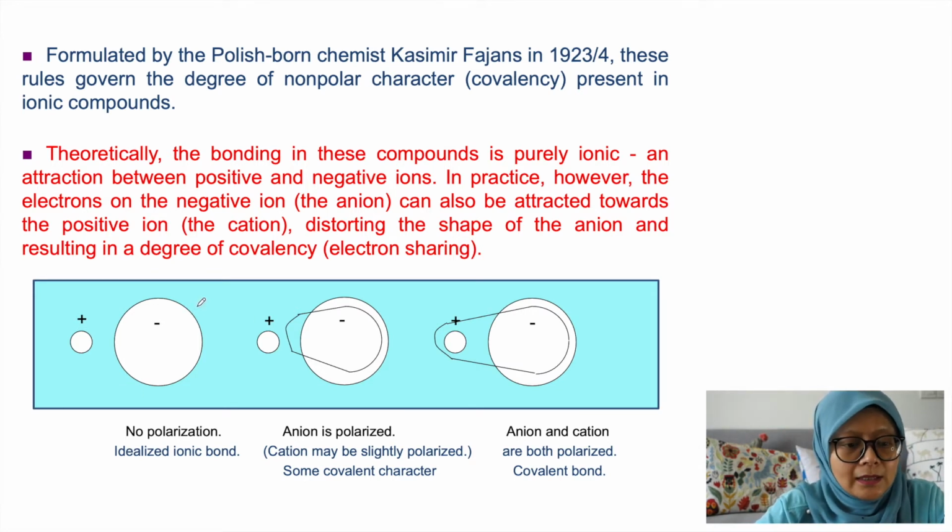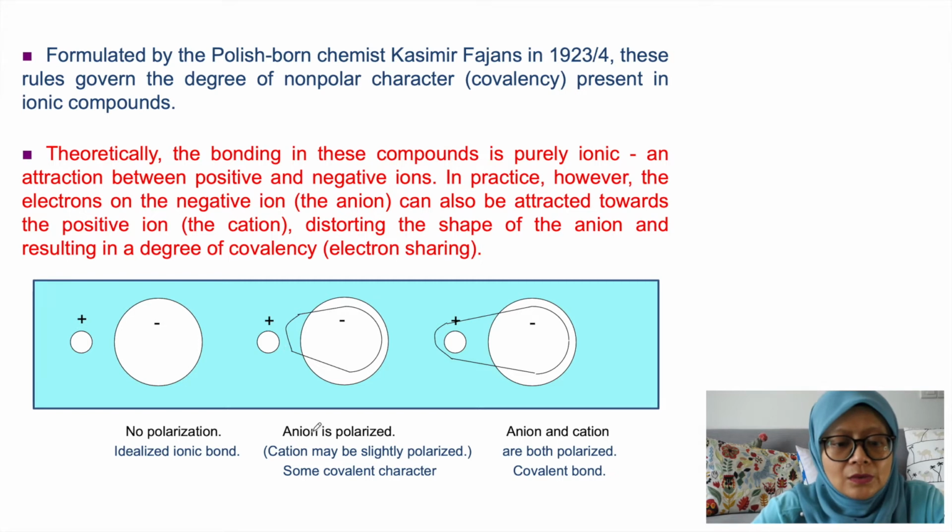this is an idealized ionic bond where we have the positive cation and the negative anion. The size of the cation is much smaller than the anion. Because we have different charges, positive and negative, this positive cation has a tendency to attract electrons surrounding the anion. So this anion is polarized, and we have a movement of electron cloud.